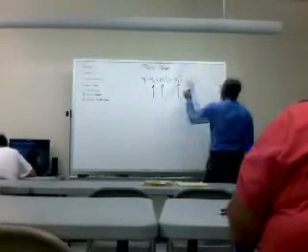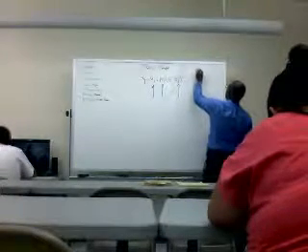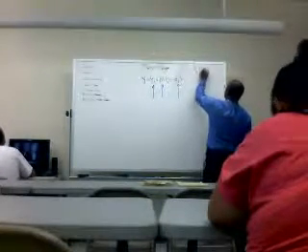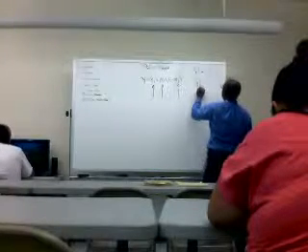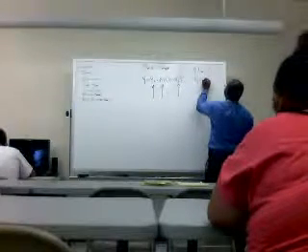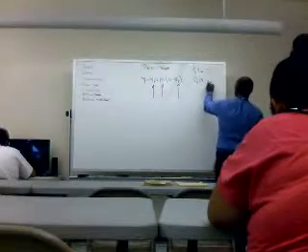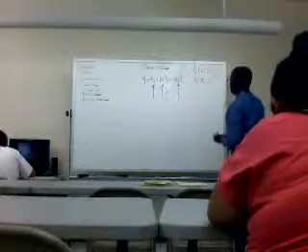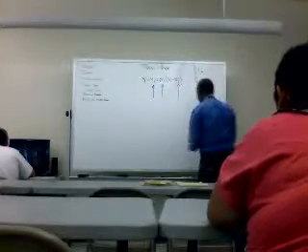Let's say point 1 is 2, 5. Point 2 is 3, 3. Okay? All right, so the first thing I have to do is calculate my slope.